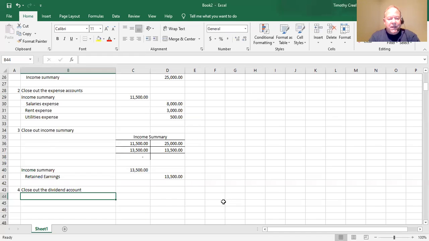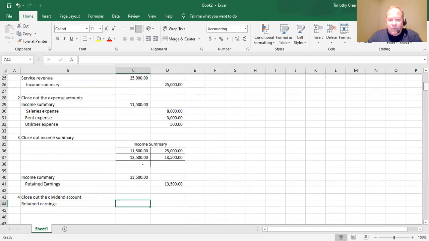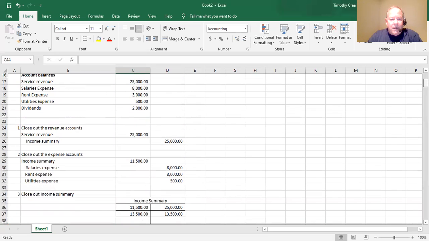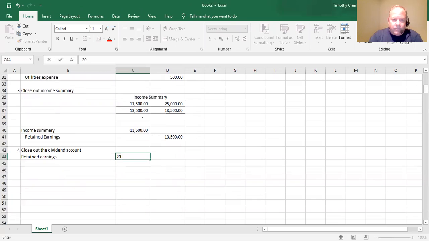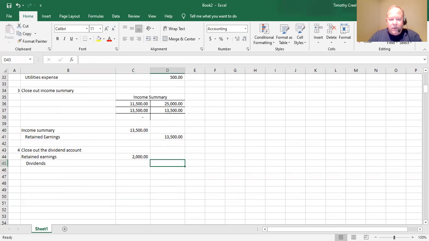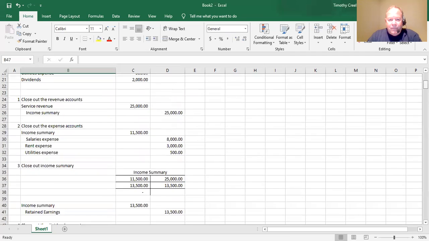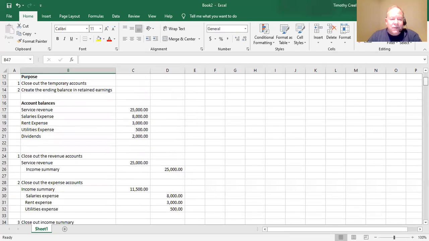So in this case, we would debit retained earnings, a debit of $2,000. We would credit dividends for $2,000. And now we've closed out all of the temporary accounts.